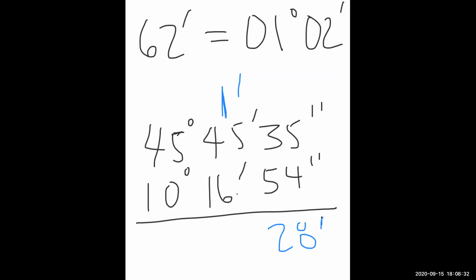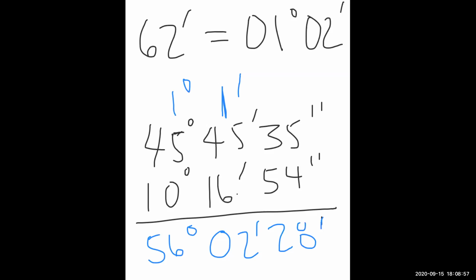So 16 plus 45 plus 1 is 62. I would state that this is 02 and carry the 1 degree. So 45 plus 10 plus 1 is 56.